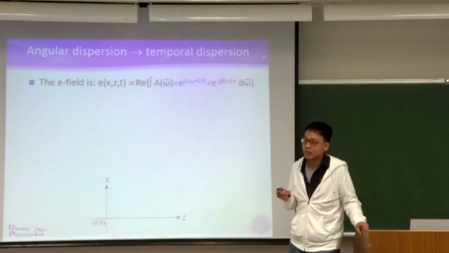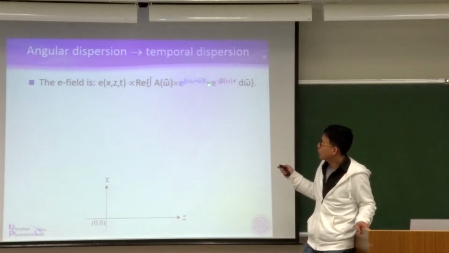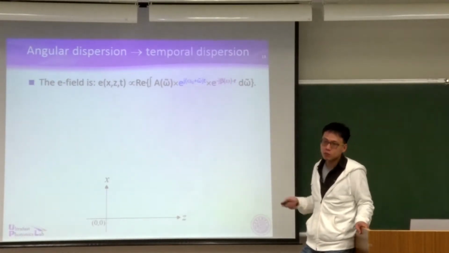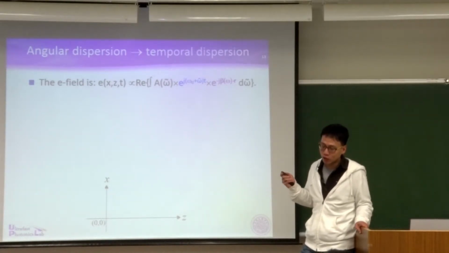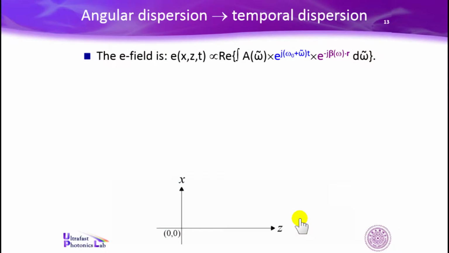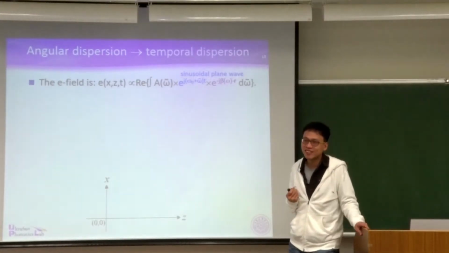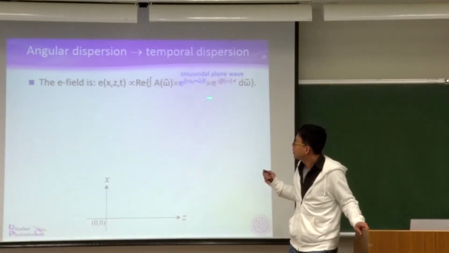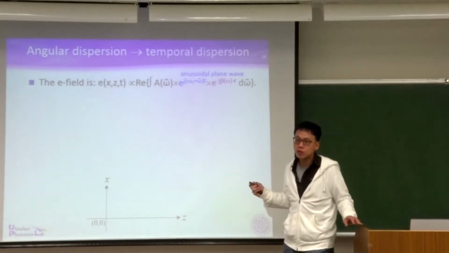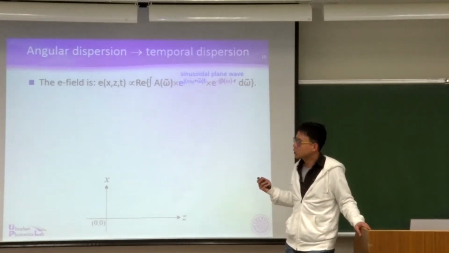So you have a sinusoidal wave and a plane wave together. It means a time harmonic plane wave. And the integration means superposition. So this is the superposition of infinitely many sinusoidal plane waves.